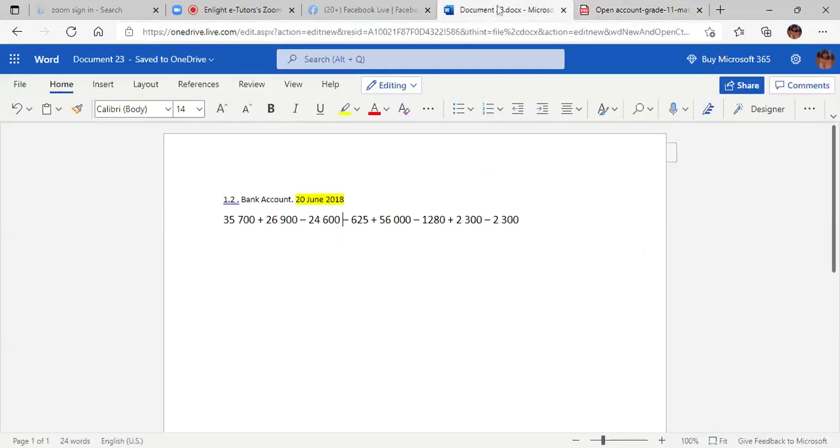We are going to have no record of it because we are recording transactions for the month ended 30 June. Right, we are good with that.